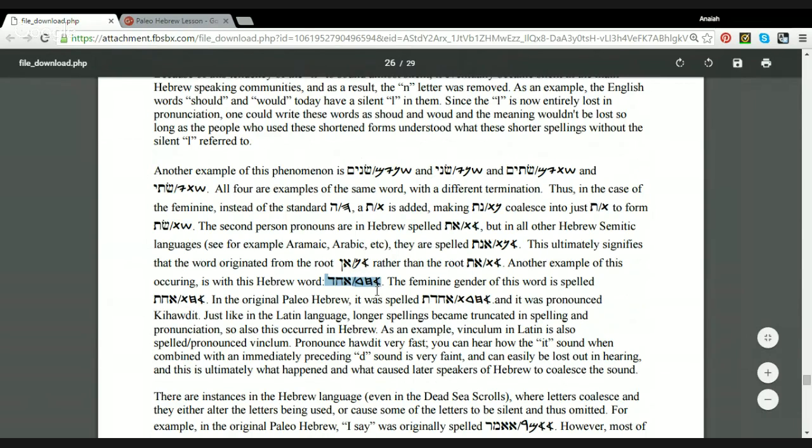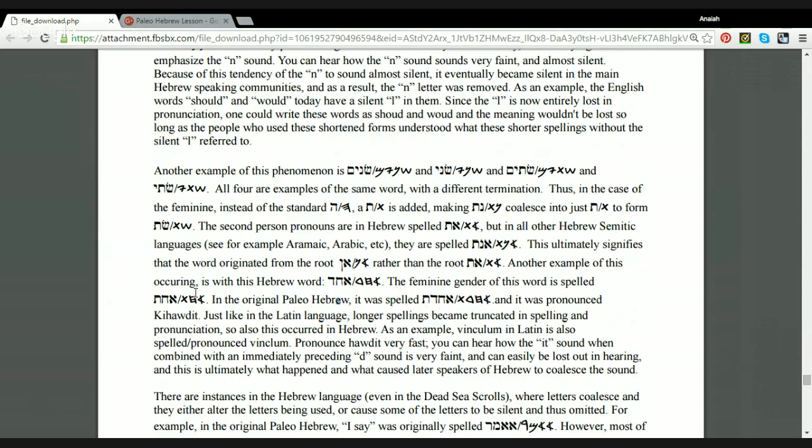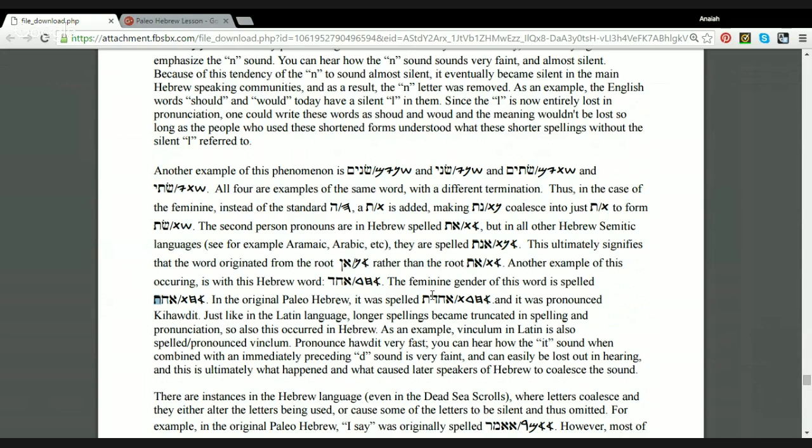Same thing that happens in Hebrew with echad. You've heard of echad? Yep. Which is actually, I believe, originally pronounced as kihad. But the feminine version of that word is with a tav, a T instead of a D, because it was spelled like this in original Hebrew, achit, with a D and a T sounding the same, a DT, like try say ODT, ot.